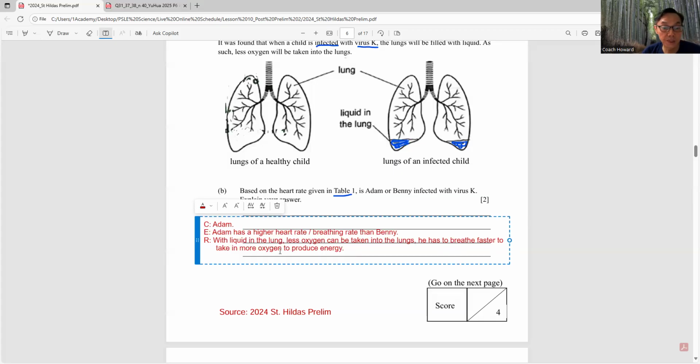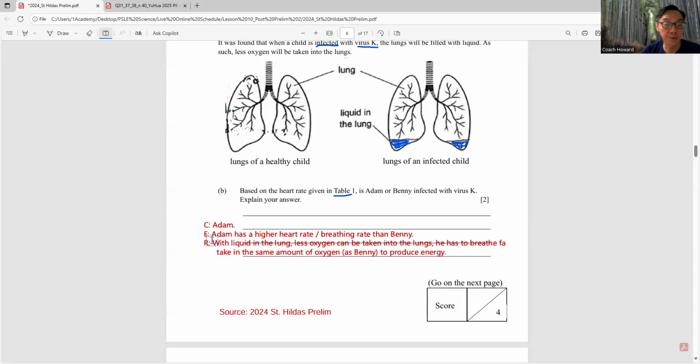Okay, he has to breathe in faster to take in, maybe we say, to take in the same amount of oxygen as Benny, because both of them are exercising, right? To produce energy.